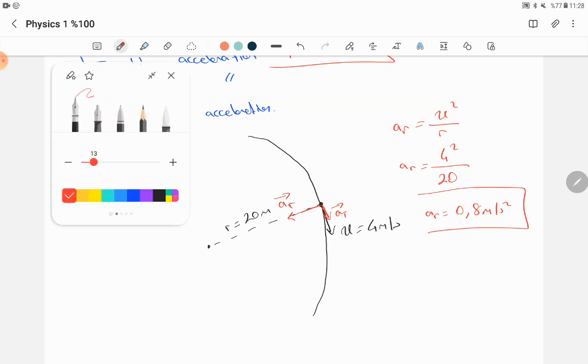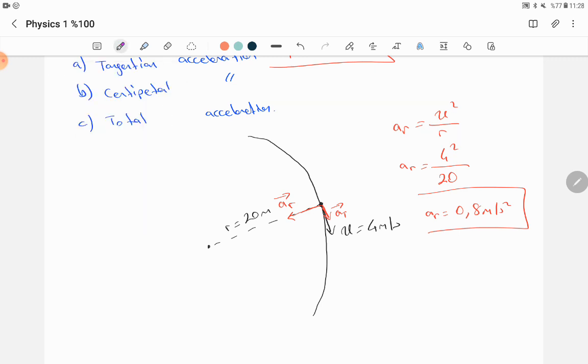If we sum these two accelerations, we can find the total acceleration.